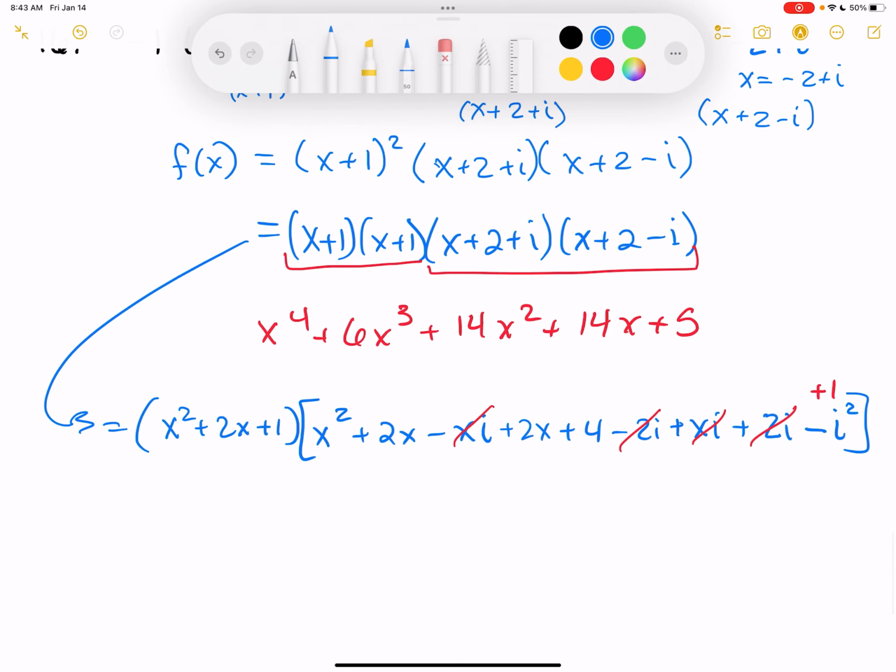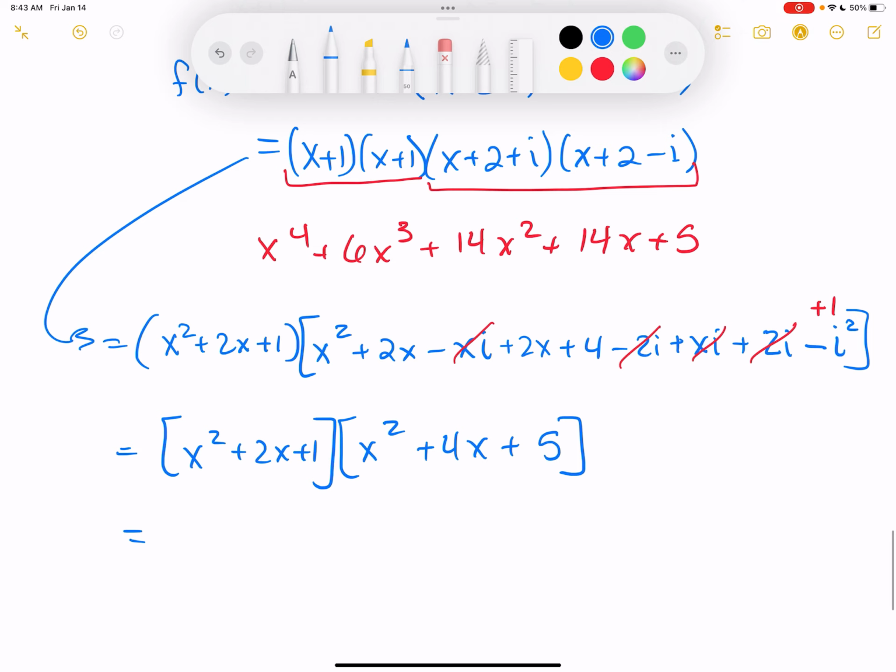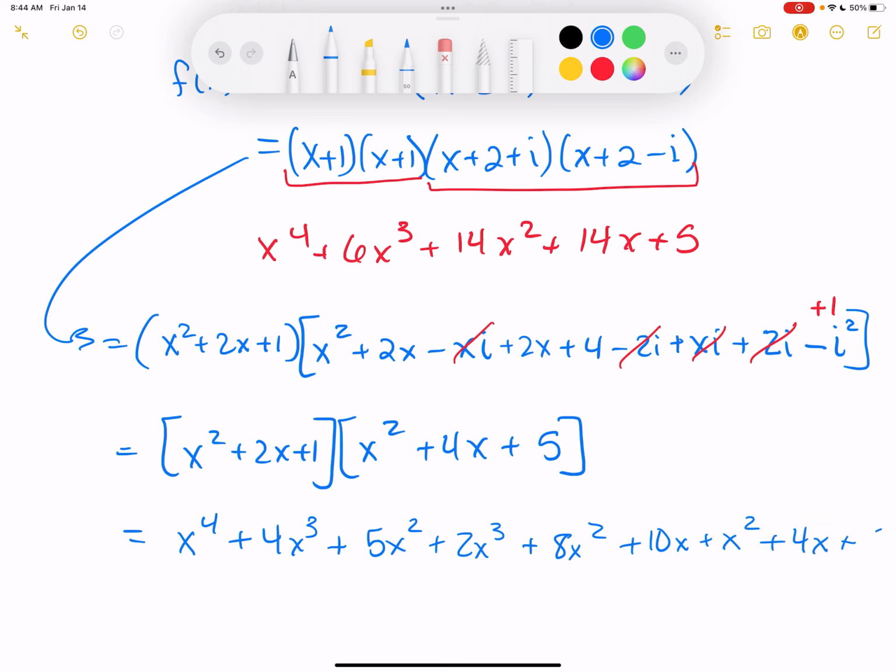So then x squared plus 2x plus 1 times x squared plus 4x plus 5. I forgot to multiply again. That's probably what the problem is. x to the 4th plus 4x cubed plus 5x squared plus 2x cubed plus 8x squared plus 10x plus x squared plus 4x plus 5.